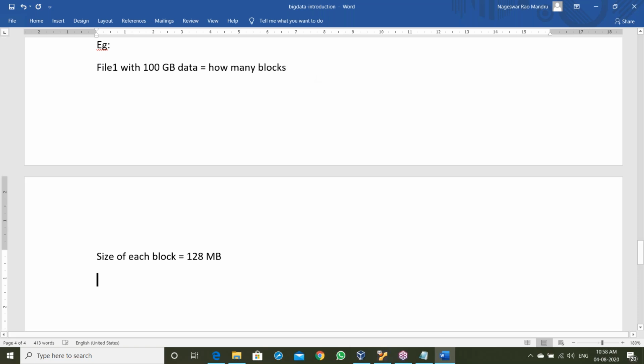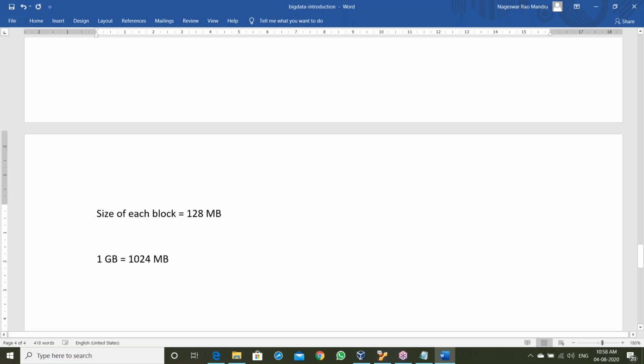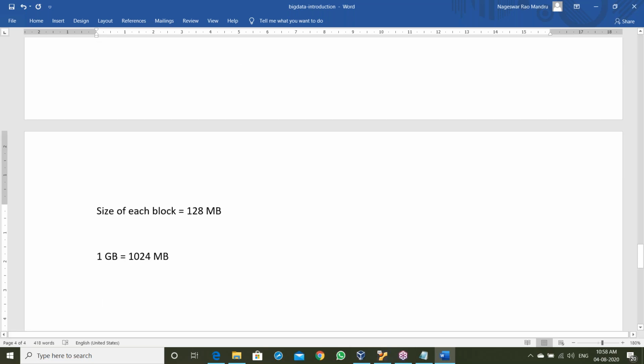First of all, let us take 1 GB of data. 1 GB is equal to 1024 MB, right? That means 1 GB is equal to how many blocks?